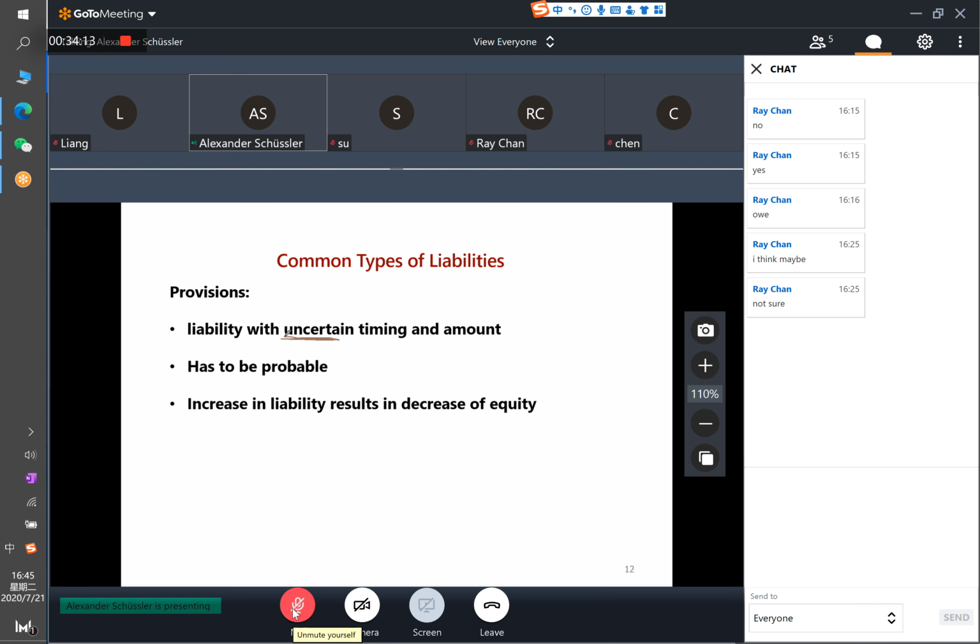It has to be probable, and probable means the likelihood is more than 50%. Yeah, that is the definition of probable.